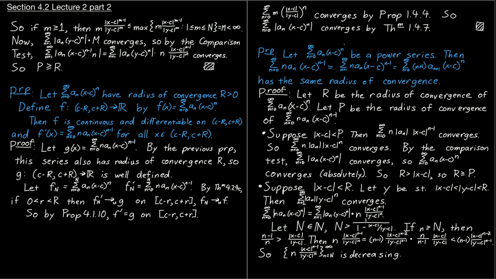And this is true for all possible little r, all positive little r that are less than big R. So we must have that f prime equals g on the open interval, but with the big R's as well.